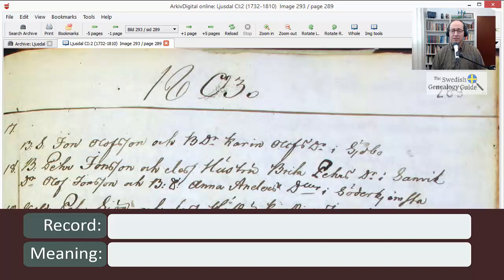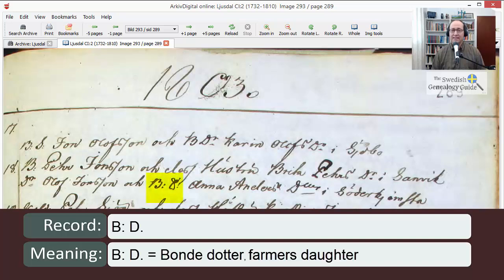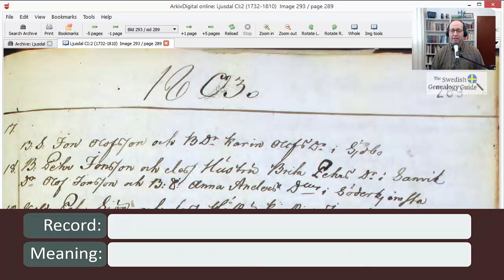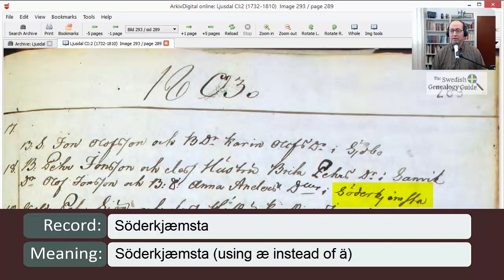And then we have the abbreviations B and D. And the D was written not really clearly, but as I compared it to other examples on the page, it is a D. And that stands for bonddotter. So this woman is a daughter of a farmer who lives here in the parish. And her name is Anna Andersdotter. I is at or by Söderkämsta. So they are living in the same village that the mom and dad were living in.